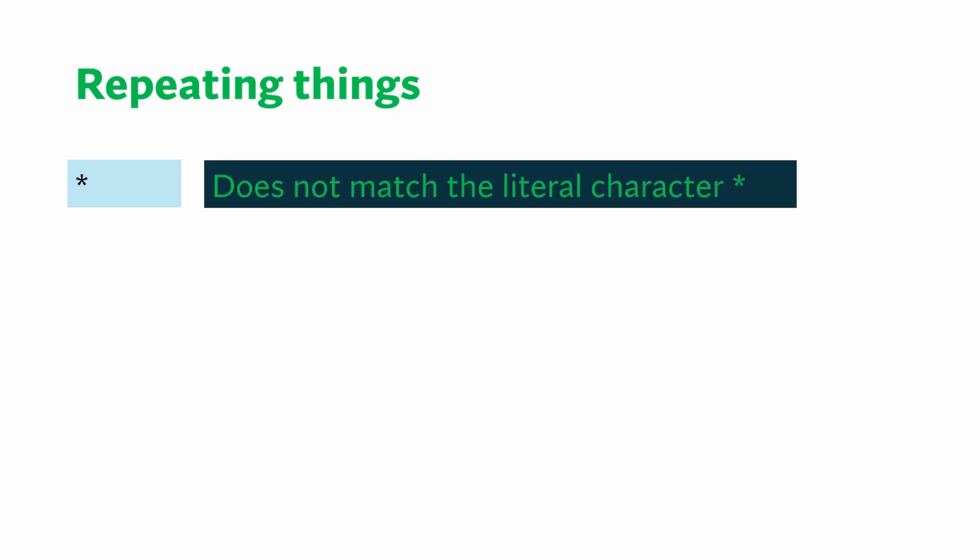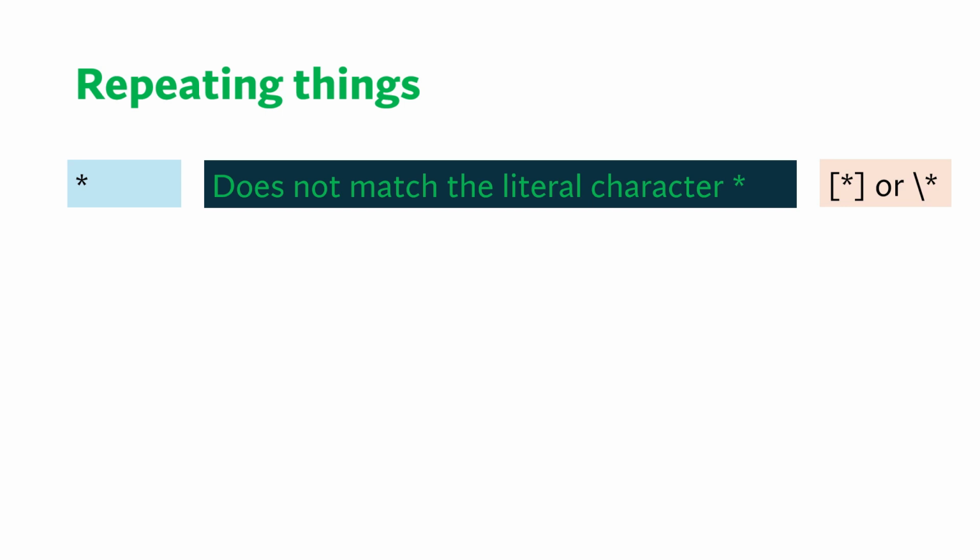We can also specify that some portions of the regular expressions must be repeated as required, and there are different meta characters that we can use to achieve this. The first meta character is the asterisk. It does not match the literal character asterisk, but we can do so by using it in a character class or with a backslash.